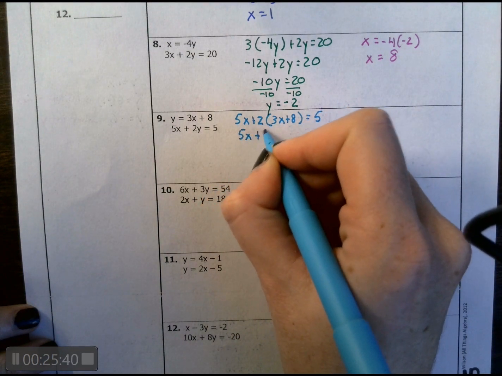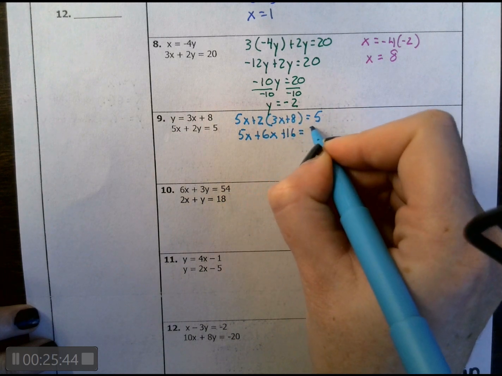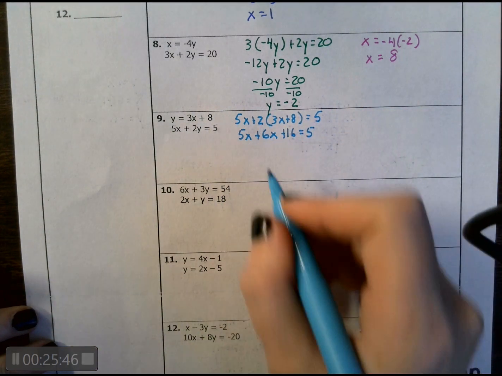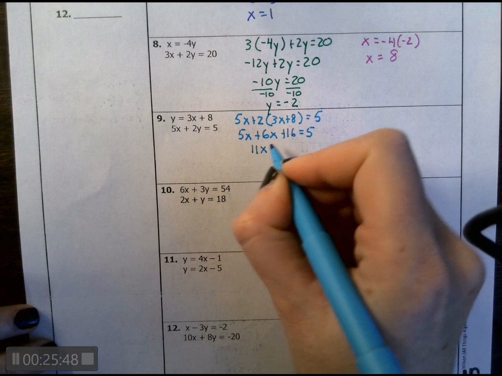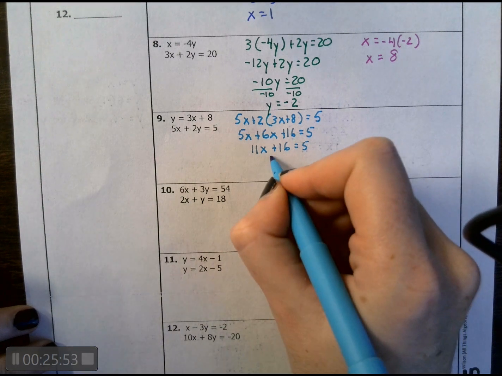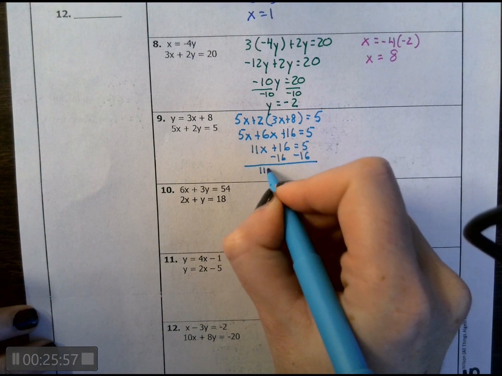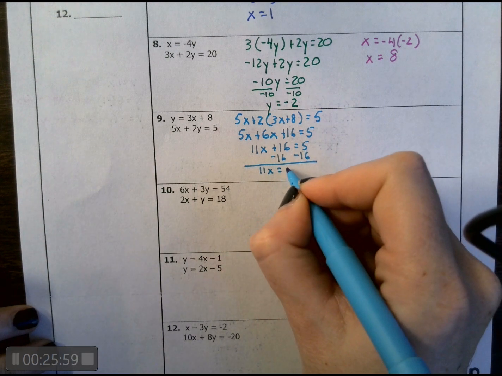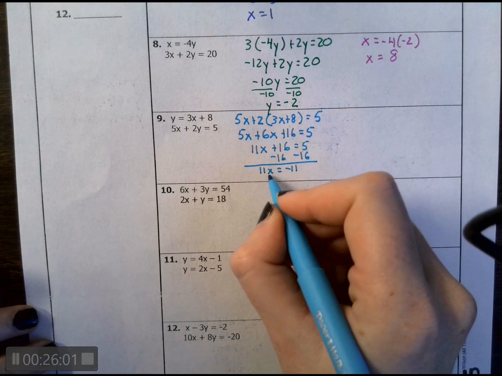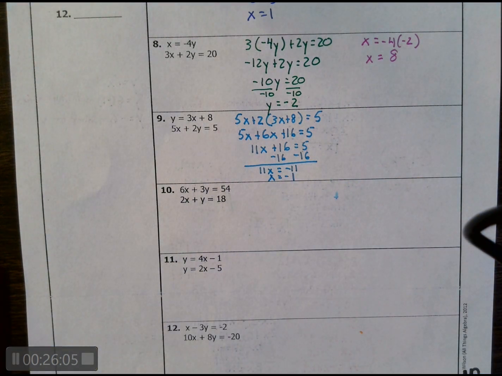So 5x plus 6x plus 16 equals 5. Combine our like terms for 11x plus 16 equals 5. Subtract 16 from both sides. 11x equals negative 11. So then x equals negative 1.